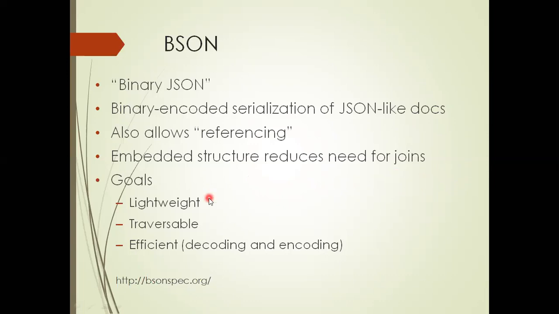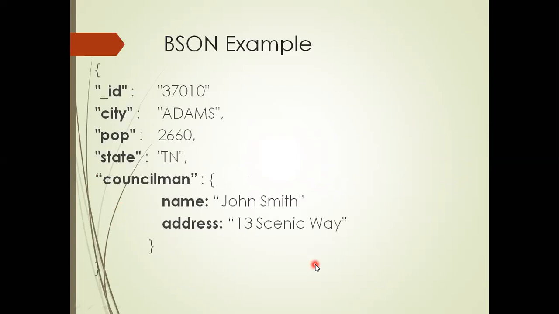The main goals of using BSON are that it is lightweight and easily traversable, that is, we can search documents at a faster pace. It is efficient, and decoding and encoding can be done. If we talk about an object, here we have a few fields; we have 5 fields in this case. The first field is ID. We can create the ID on our own.